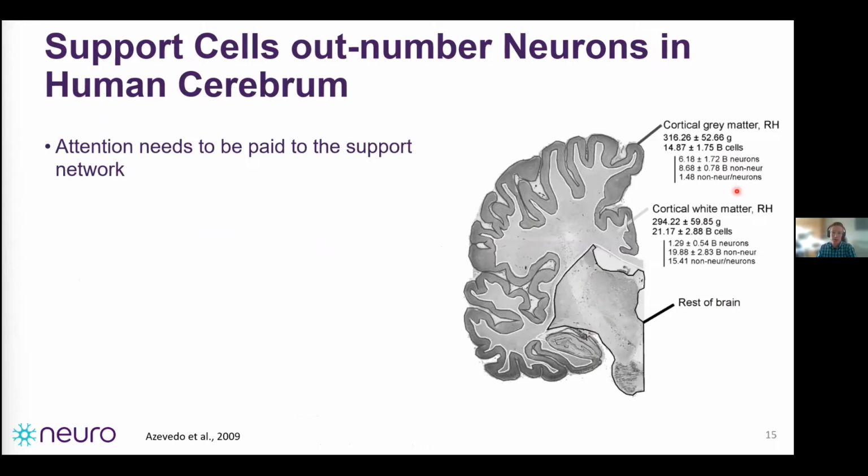And if you look at the white matter, which is simplistically thought of as neural axons without neuron cell bodies and containing myelin as well, the ratio of non-neural cells to neurons exceeds about 15. Given the abundance of these cells in a space that's really limited in real estate and being encapsulated by the skull, it must play an important role to justify both their numbers and the space that they're taking up.